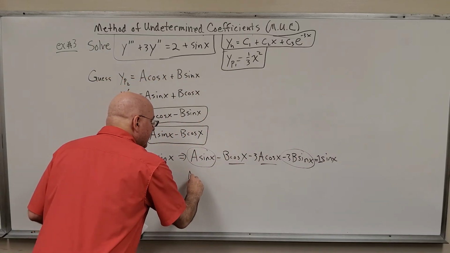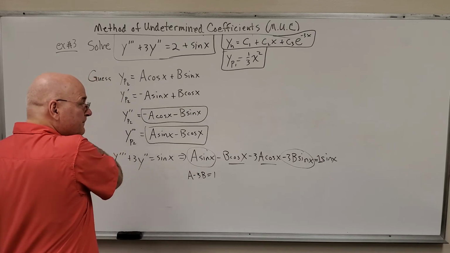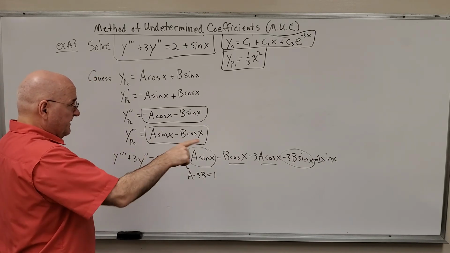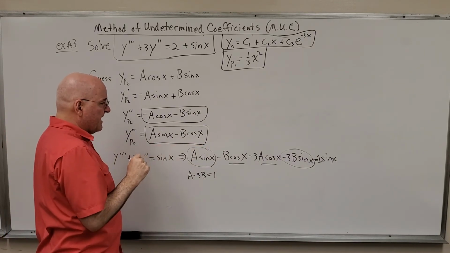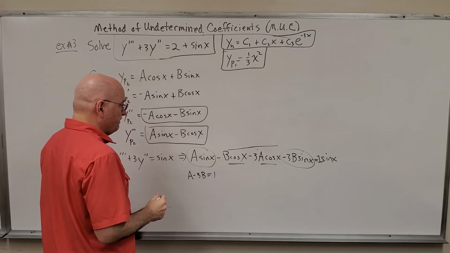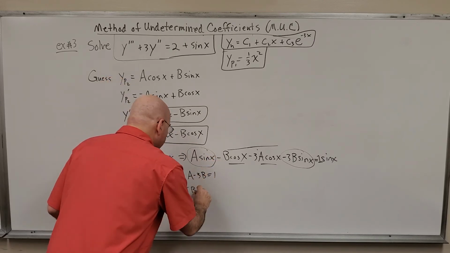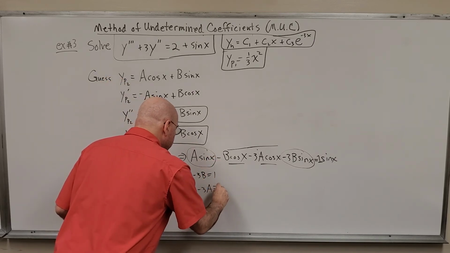That means that A minus 3B is equal to 1. And there's no cosine on the right-hand side, so these two right here have to add up to 0. So negative B cosine x minus 3A cosine x is equal to 0.